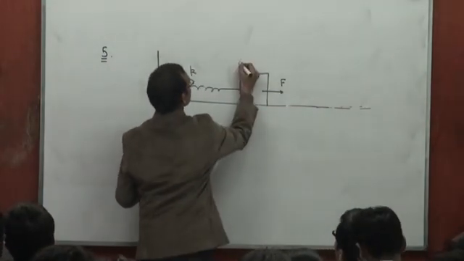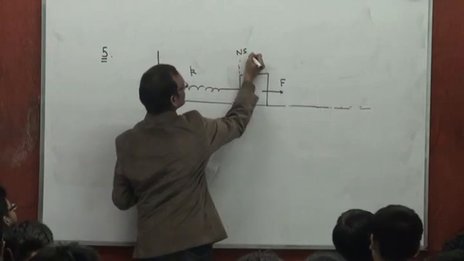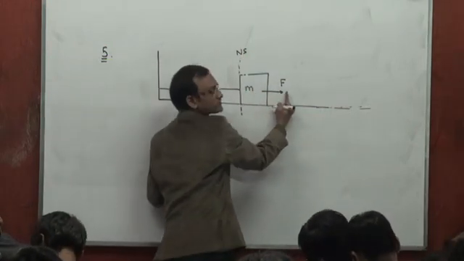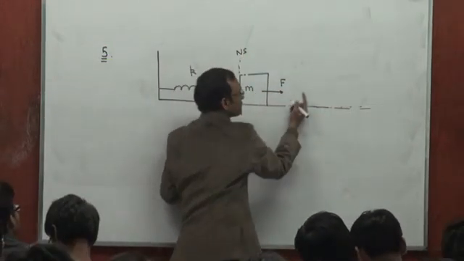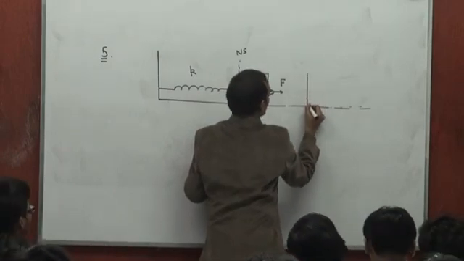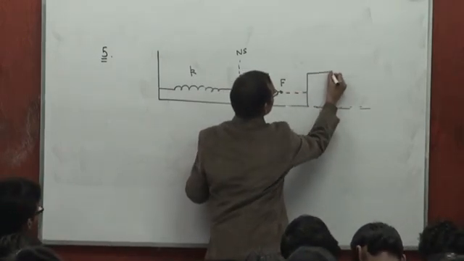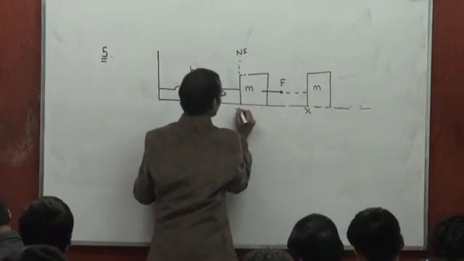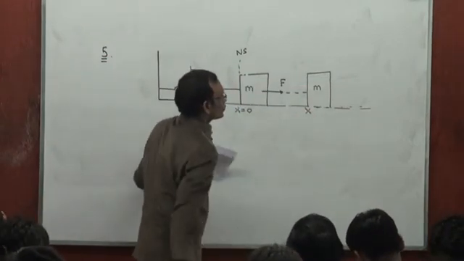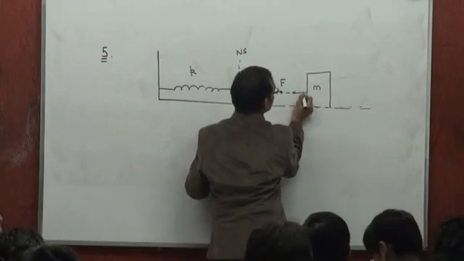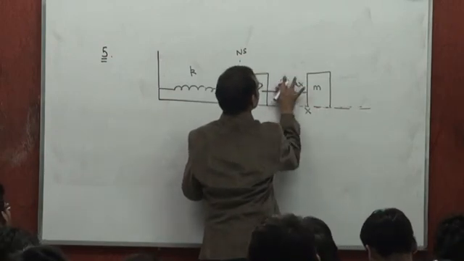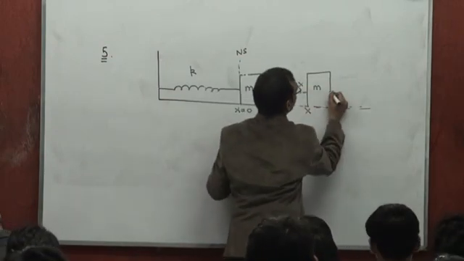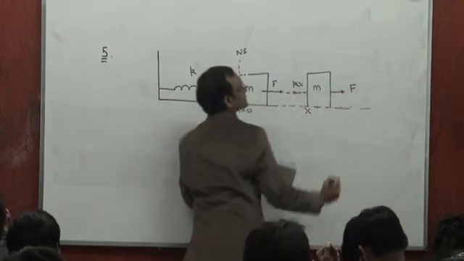So this was the natural state of the spring. It moves under the influence of a rightward force F. After a while, when the mass gets displaced by an amount x, this was x equal to 0, the force acting on it is kx leftwards and F rightwards.